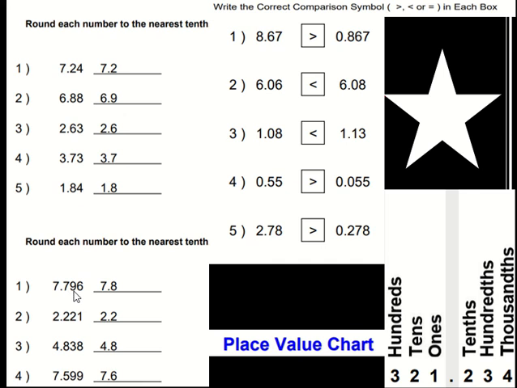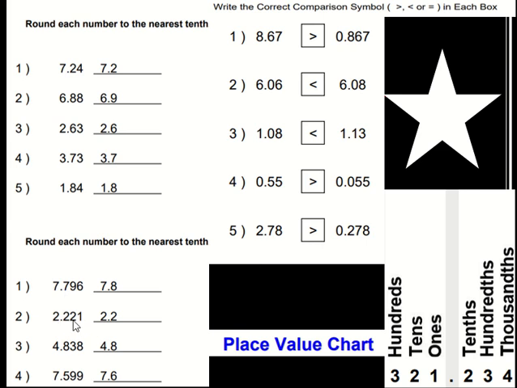So, 7.96, here is the difference in this problem. It just has extra numbers to the right of the tenths place, but since this is a 9, it's going to make this number go up to an 8, because it's a 7, and the next number after 7 is 8. And then we have 2.221.